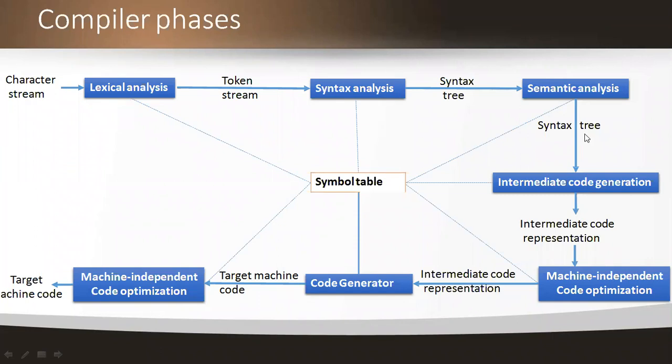By taking the input from the semantic analysis in the form of the syntax tree, after performing the intermediate code generation, the output that we generate is an intermediate code representation in 3-address code format.